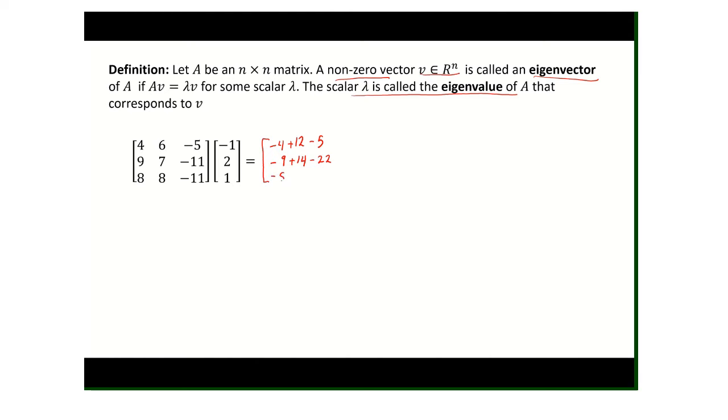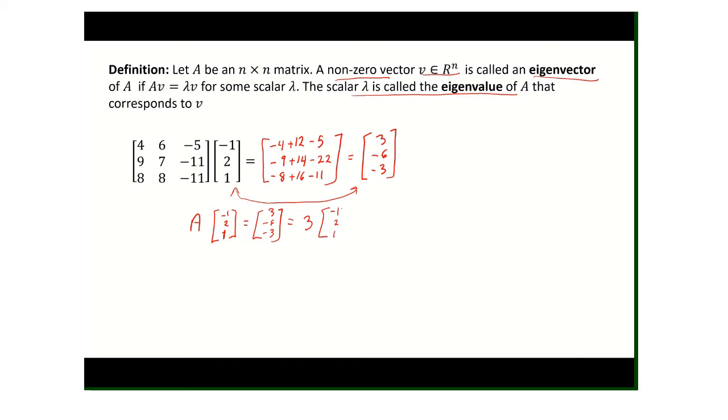The third element, we get negative 8 plus 16 minus 11, and then when we add these all up, we get 3, negative 6, and negative 3. That is just a multiple of that. So our matrix A times negative 1, 2, 1 is equal to 3, negative 6, negative 3, which is equal to 3 times what we started with.